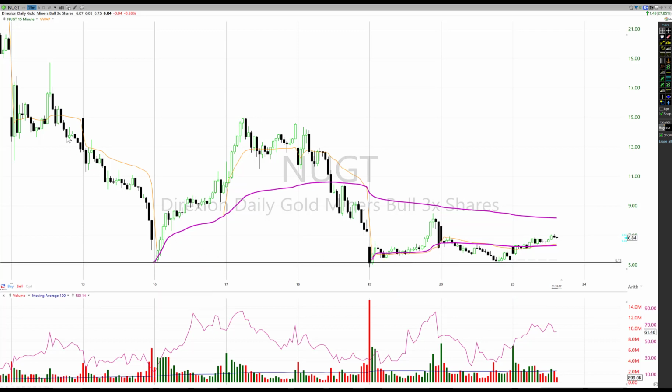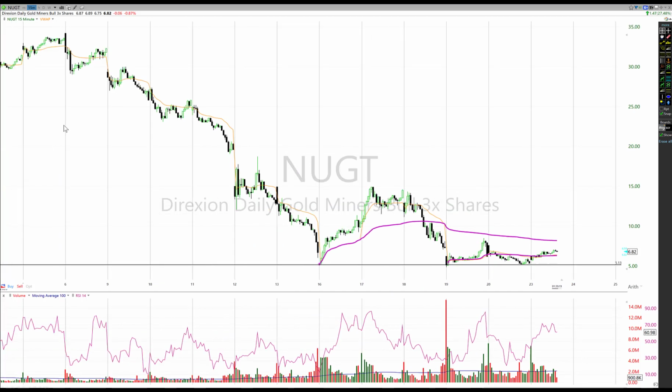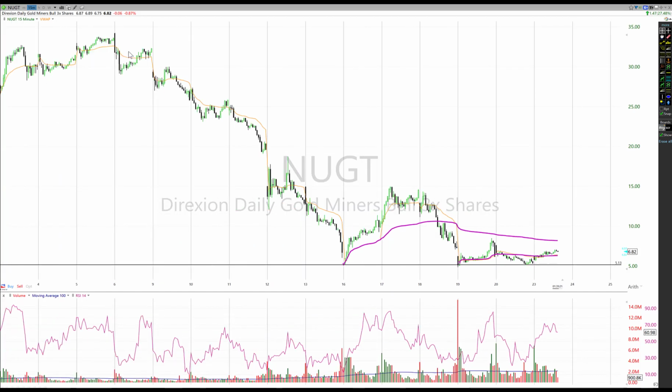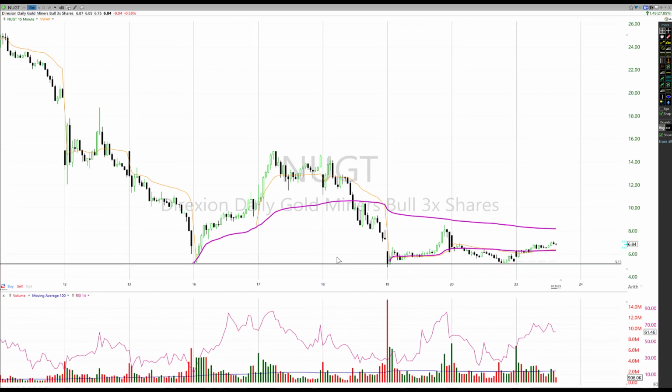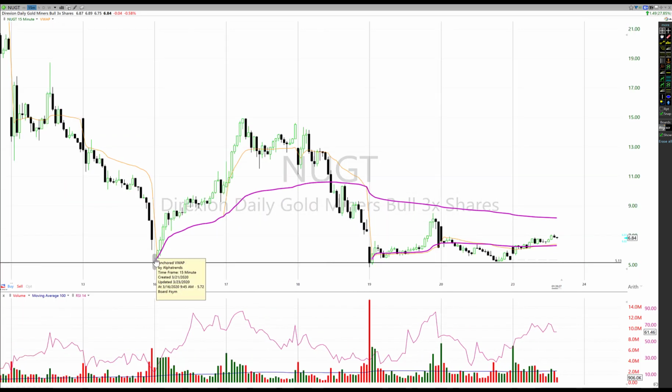The reason being, we've had a decline all the way down here, and the reason I anchored here is that this is right when we started to see support, right when things kind of turned around for NUGT, and we saw some appreciation in the stock price. But then again, same thing, down significantly.